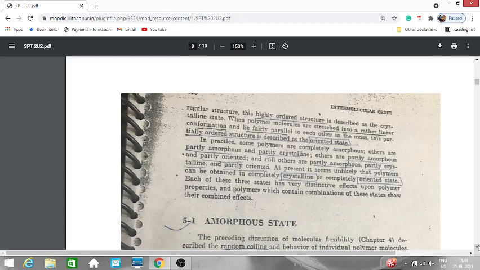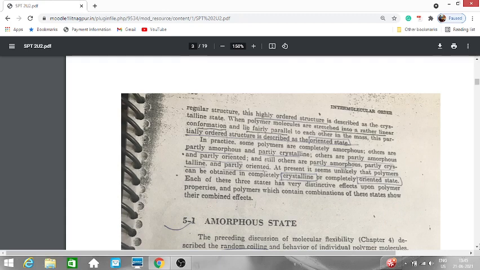In practice, some polymers are completely amorphous, others are partly amorphous and partly crystalline. Partially ordered structure is described as oriented state. Okay. Highly ordered structure is defined as crystalline state and unordered structure is defined as amorphous state. In practice, some polymers are completely amorphous, others are partly amorphous and partly crystalline, others are partly amorphous and partly oriented, and still others are partly amorphous, partly crystalline, partly oriented.